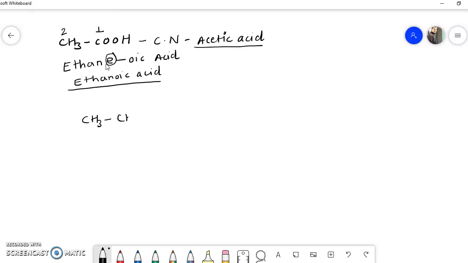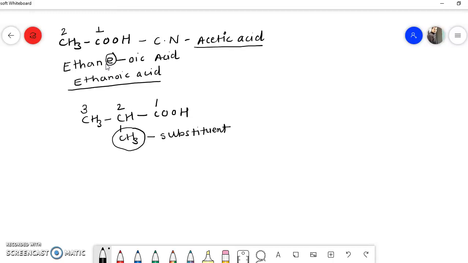CH3 CH CH3 COOH. So start from the first rule. Select the longest chain, 1, 2. You will give number 3 to this carbon or this carbon. Both are the same, so you will give 3 to this carbon. Now this group will be treated as a substituent.